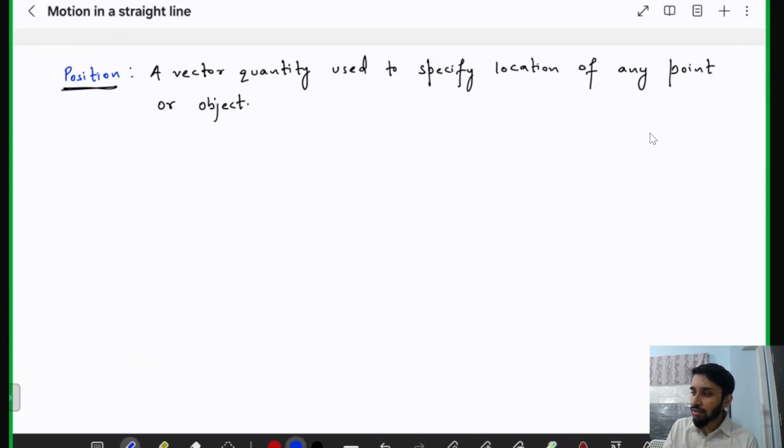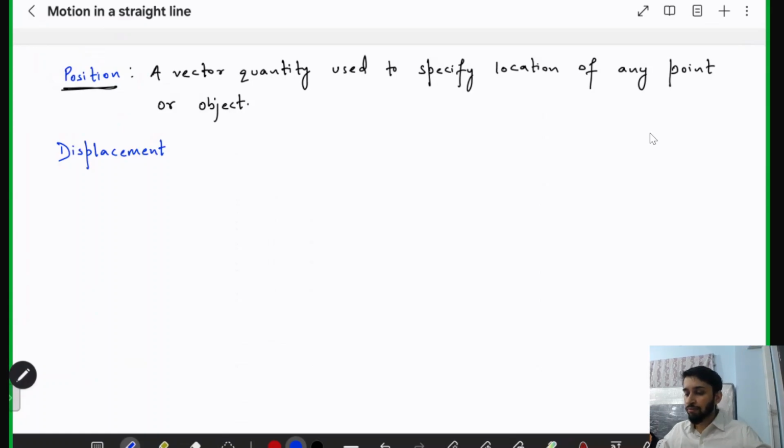Next we have displacement, right? Now let us see what is displacement. I'm sure you all have studied this in 9th standard.